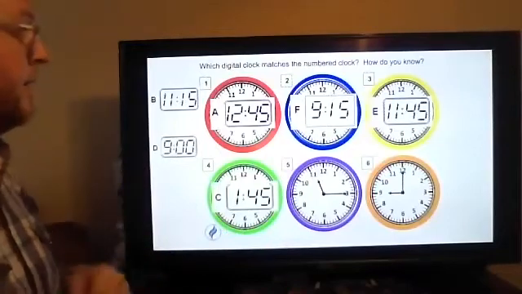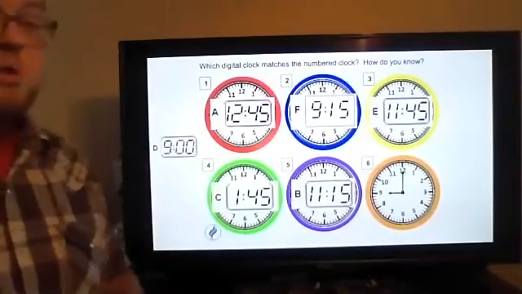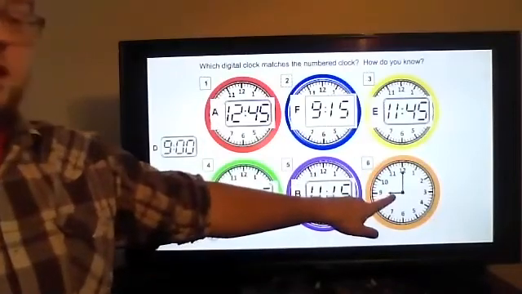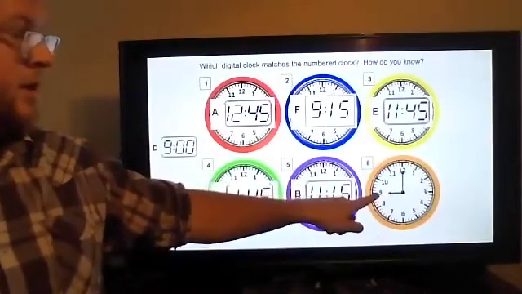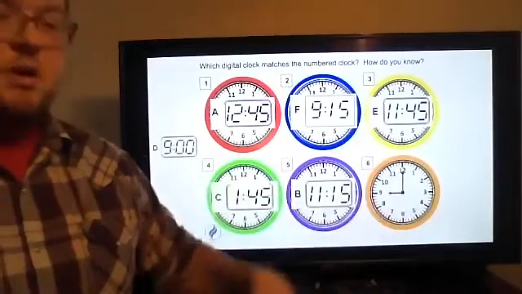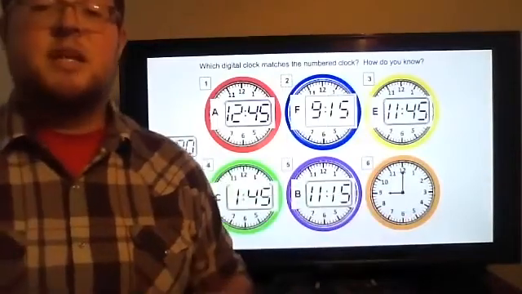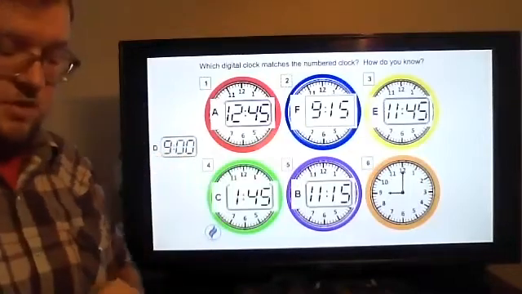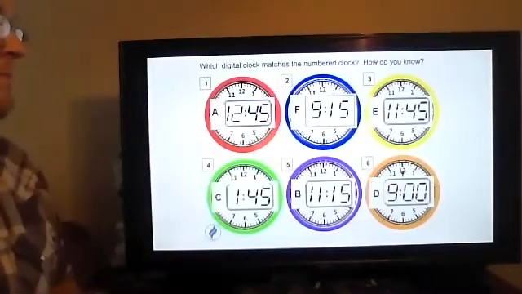So I'm going to put that one where it goes. And our last one is 9 o'clock because our hour hand is pointing directly at the 9, and our minute hand is pointing directly at the 12, which indicates that it is the start of that hour. So I'm going to move that one over as well.